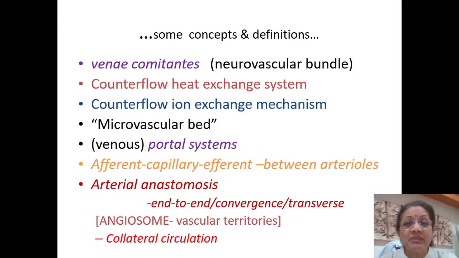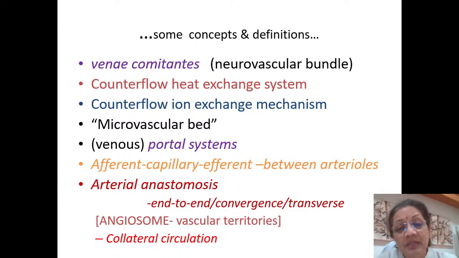If that vein goes and breaks up again into a network and again forms a vein, then it's called a portal system. Portal means actually door. It is venous blood, because it is finally going to converge and go towards the heart, but it has a two-breakup system rather than a singular breakup into capillaries, and we will see where it is provided and why as we go along.